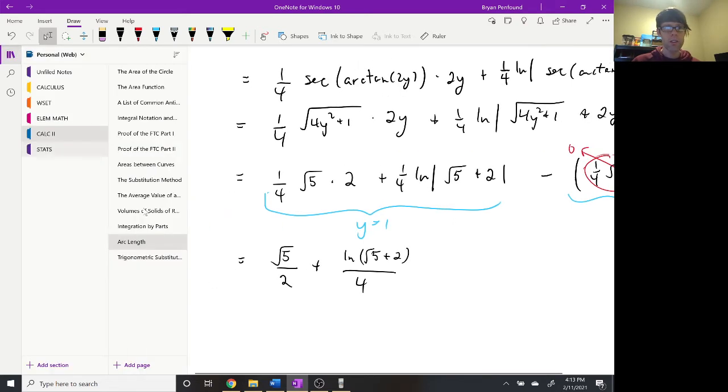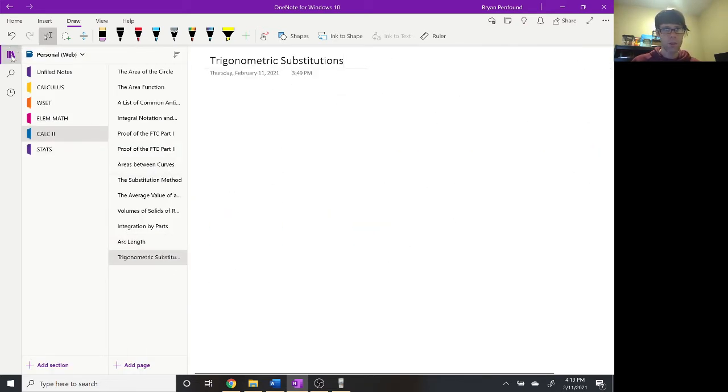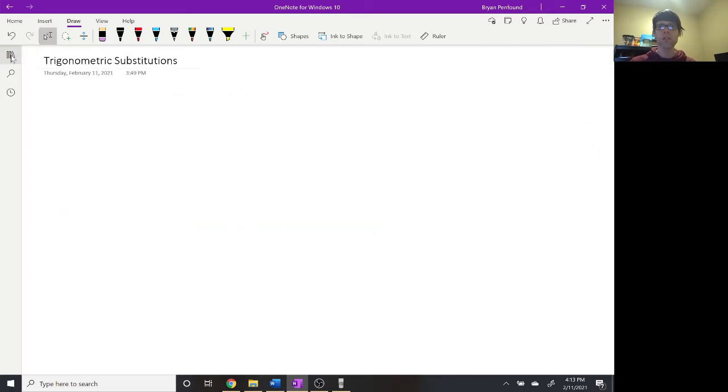And what I want to do for the rest of this smaller class is talk about the general strategy for setting up a trigonometric substitution like we did in that last example. Okay, so this is the Trigonometric Substitution section from the textbook. It's inside the Integral Tools chapter, or the techniques, I think is what it's called, integration techniques.